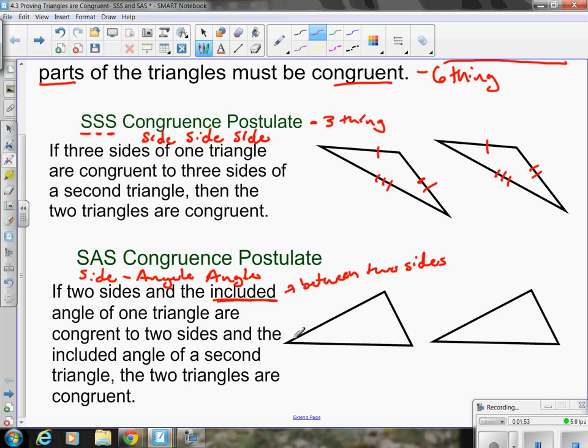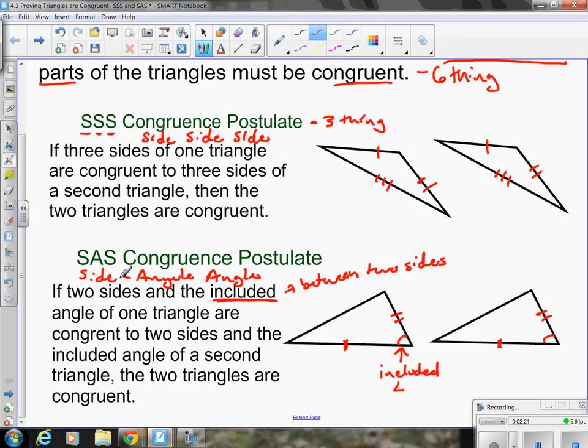Okay, so for example, if we know this side is congruent to this side, the included angle would have to be this angle right here. Okay, this angle and this angle are not between the 2 congruent sides. Then the 2 triangles are congruent.